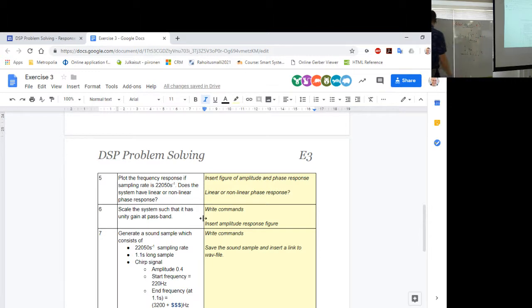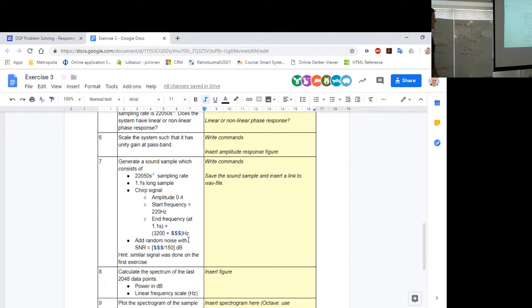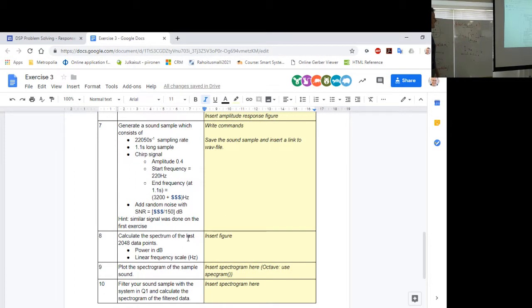If you want to calculate the zeros and poles, that's zplane. Frequency response is calculated by calling the freqz function. Group delay, I have to check what it's called. Nothing fancy there, but this is important for understanding how the system behaves.